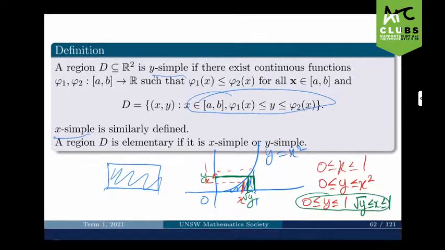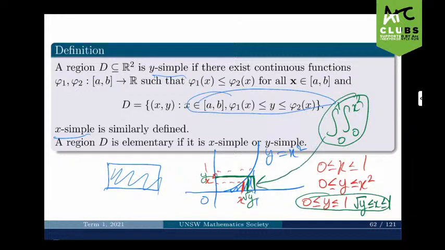So if a function is given to you as something like this, then you need to realize that this integral is describing this region, and this region can also be described in this way. So I can rewrite this as x going from root y to 1, dx, and then y goes from 0 to 1.